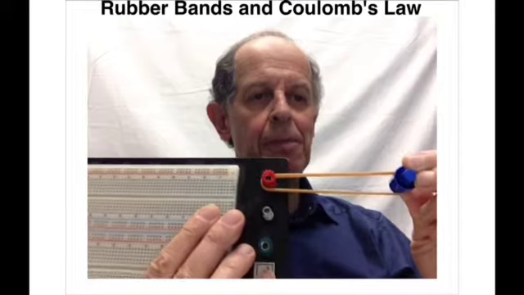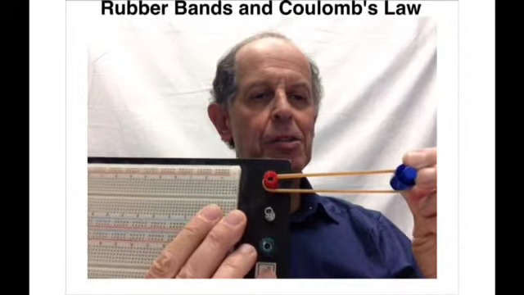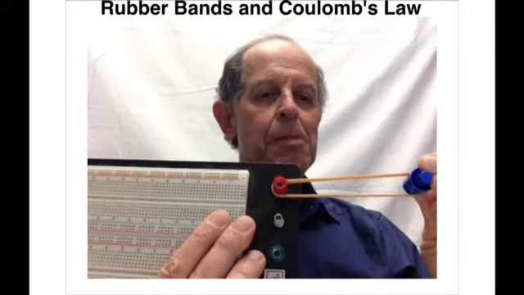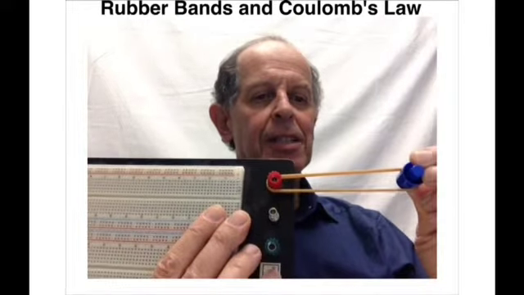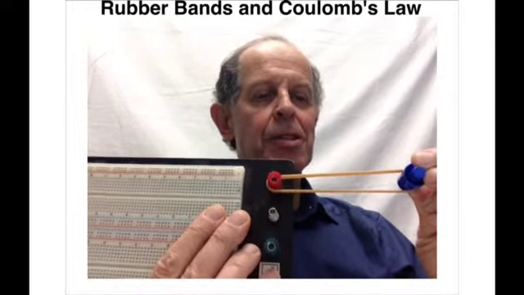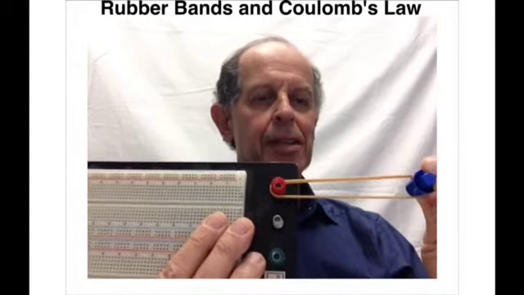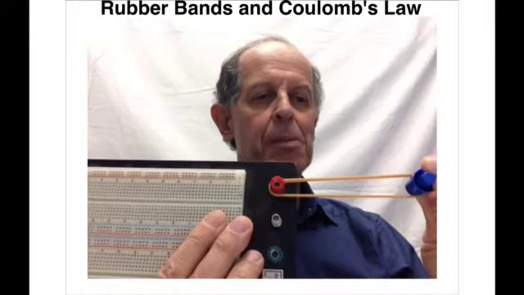You can see from the picture that there's an attractive force, and I've modeled that as a rubber band in tension. Clearly, the energy stored in the field, or the force, is represented abstractly by the tension in the rubber band.